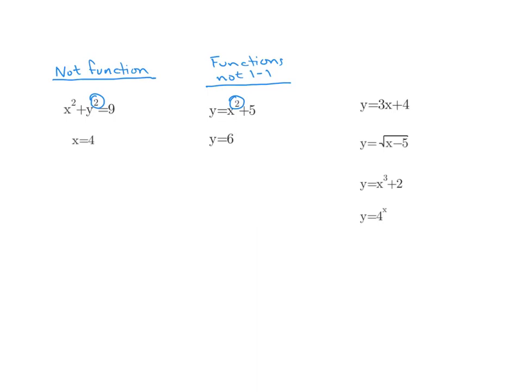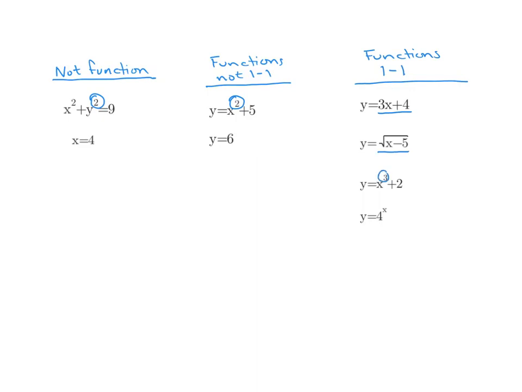The last column, these are all functions, and they are one-to-one functions. So linear equations in slope-intercept form can be functions. They can also be one-to-one functions. Square roots, these are going to be functions.